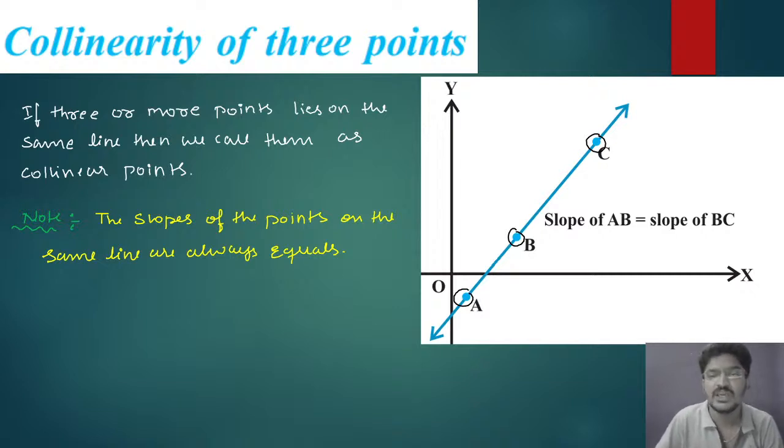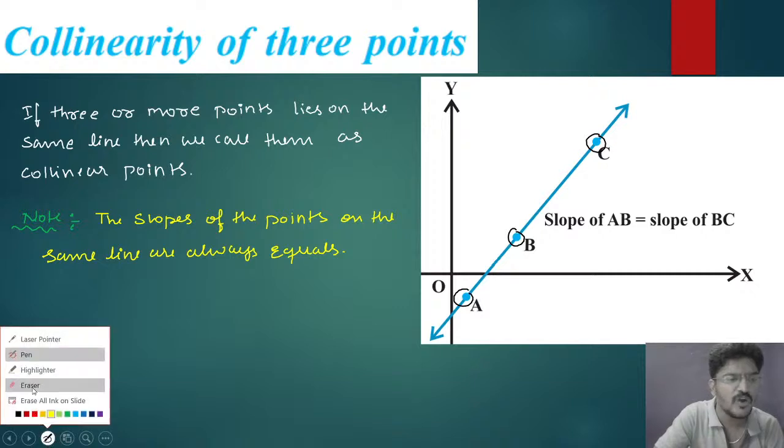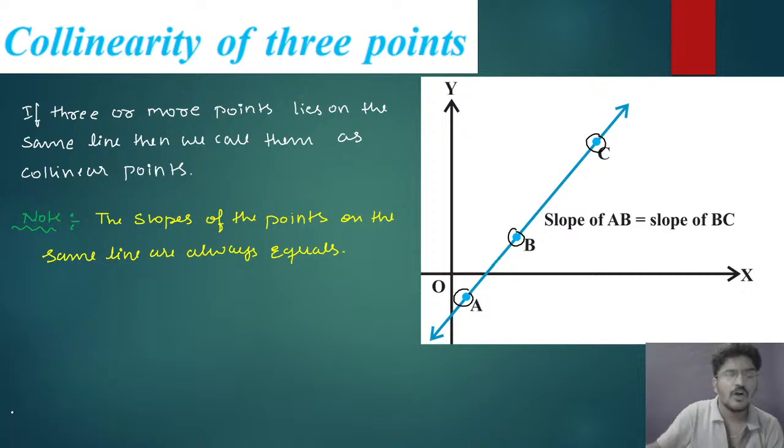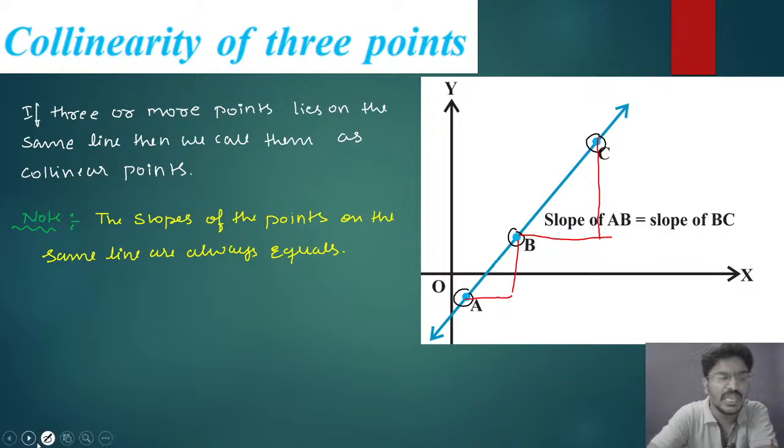That means you can choose any points on the line, and if you draw as many slopes for those points, all the slopes are going to be equal. That means here you have 3 points. The slopes of these 3 points I draw are going to be equal.